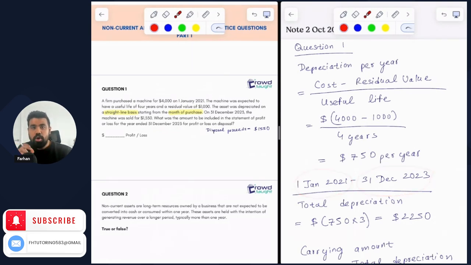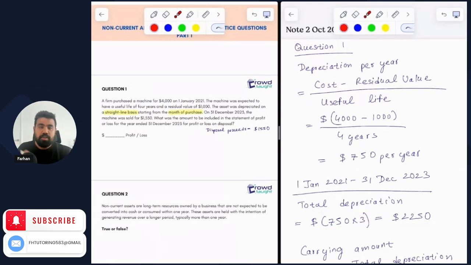Since the yearly depreciation is $750, to find the total depreciation you simply multiply 750 by 3, which gives $2,250 as the total depreciation for 3 years.